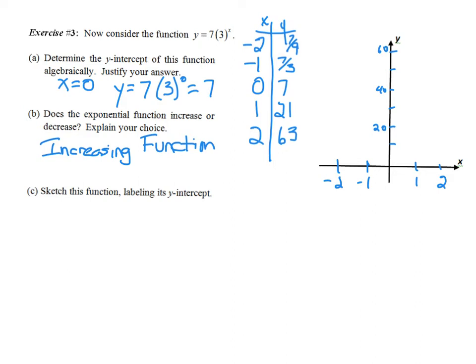Also enter it into your graphing calculator. In the graphing calculator, you're going to have to adjust your window so that you can see values as big as 21 and 63. So of course that means that you're going to change the y max to a larger number to accommodate those bigger outputs. So stop the video for a minute and come back and check your answer when you're done.